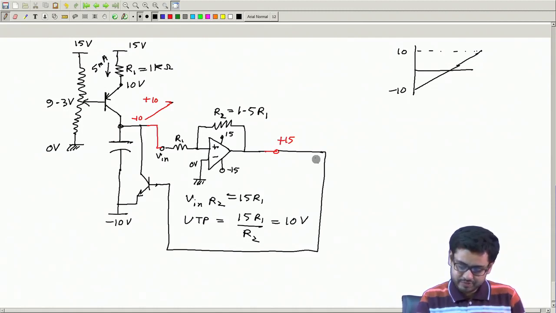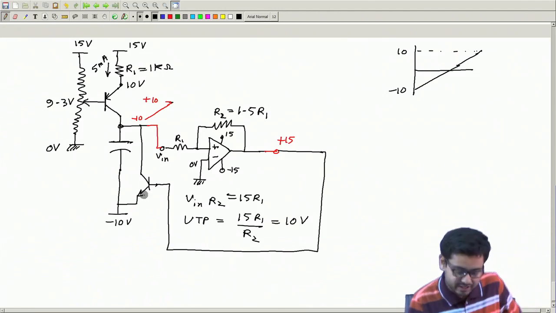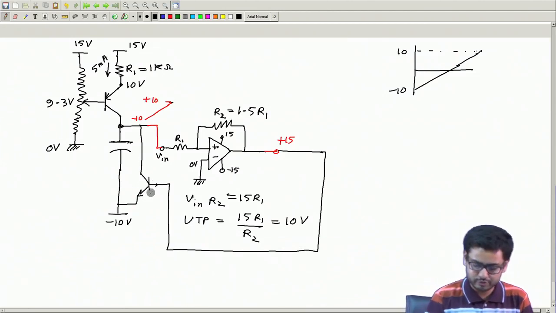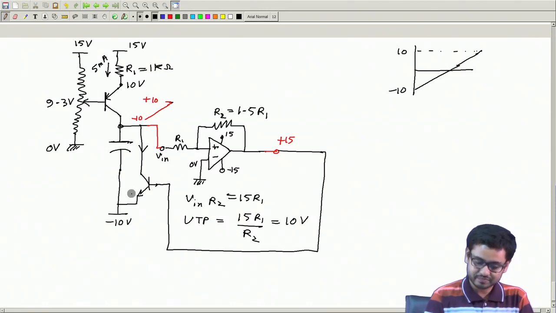So if this 15 volt is applied here, this is minus 10 volt, definitely then this will be forward biased and this will act like a short circuit. We may need some resistance to save it from high current. That much detail I'm not going into, but definitely this is forward biased, so this current will flow and this capacitor will get discharged. Also, this constant current source will deliver its current at that moment through this.